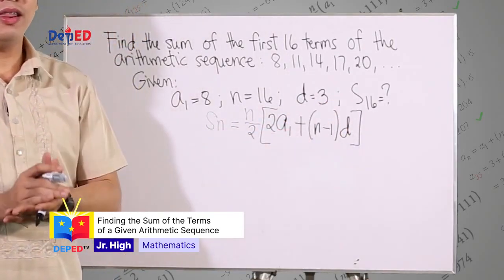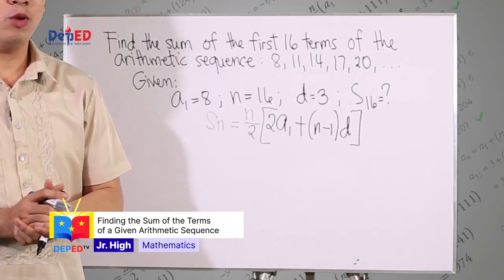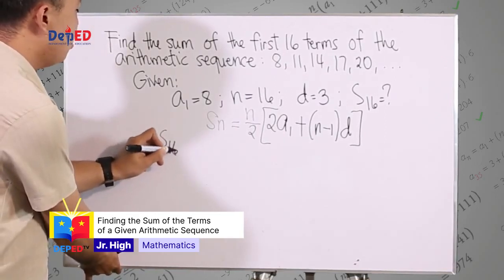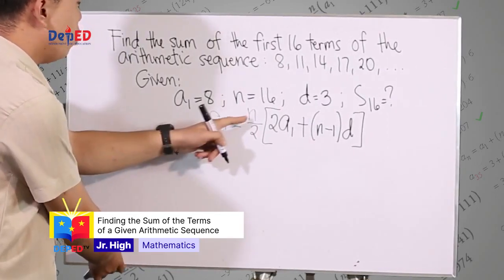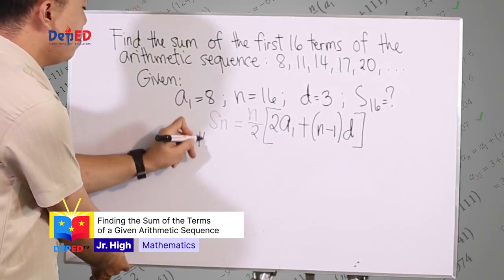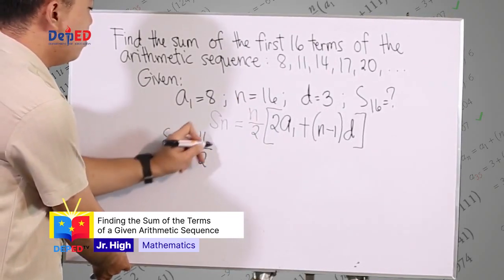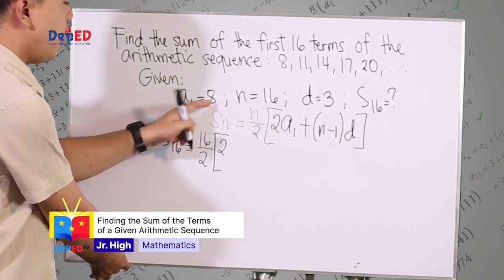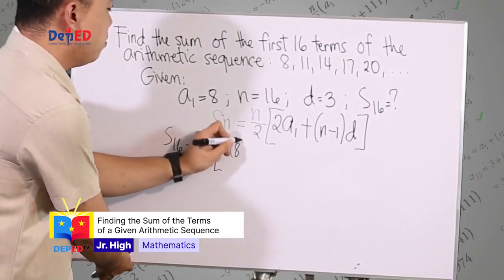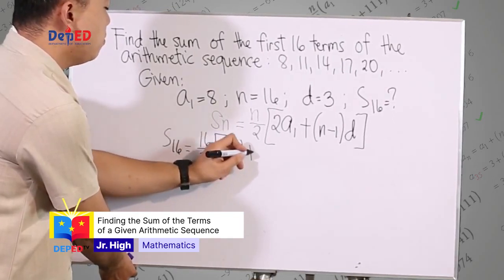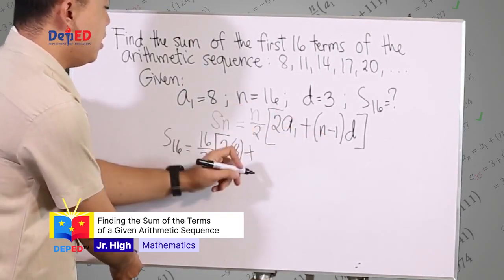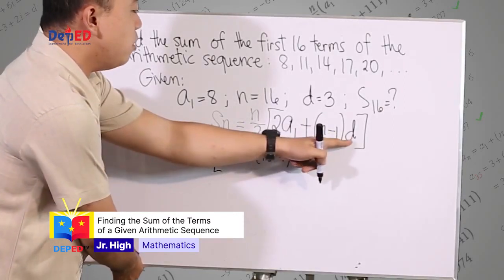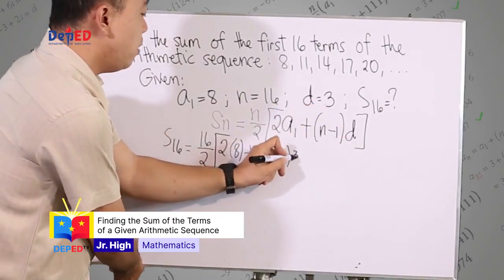By substituting the given values in the formula, we will have s sub 16 is equal to, our n is 16 divided by 2 times the quantity 2, our a sub 1 is 8, plus our n is 16, minus 1 times the difference, which is 3.